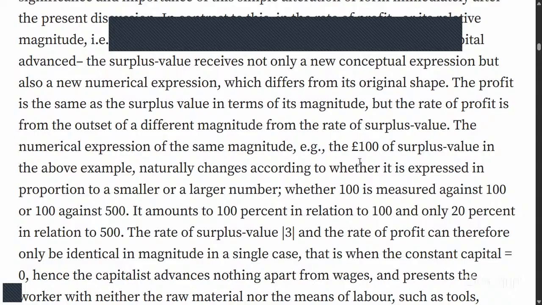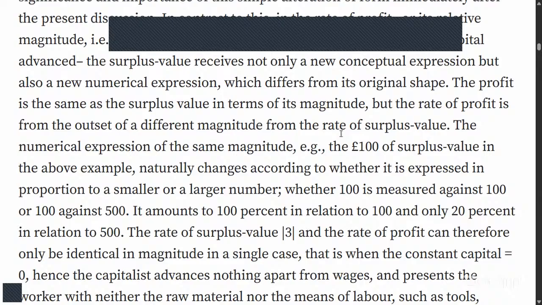It amounts to 100% in relation to 100 and only 20% in relation to 500. The rate of surplus value and the rate of profit can therefore only be identical in magnitude in a single case, that is, when the constant capital equals 0.